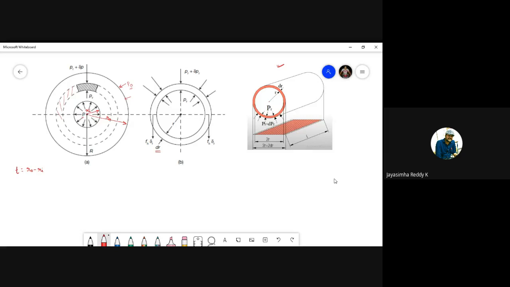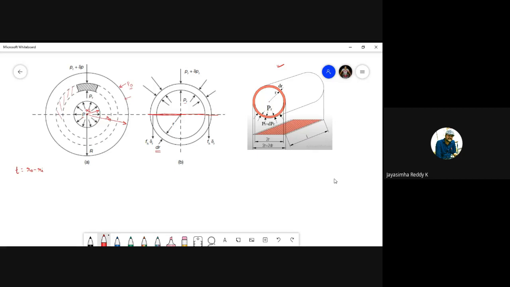Now let us get into this theorem, students. Consider a semicircular ring element with internal radius r. Let me just assume only this semicircular ring portion. Don't bother about the bottom ones; I'm just considering this top portion. Now let sigma r be the internal radial stress and sigma r plus d sigma r be the external radial stress.